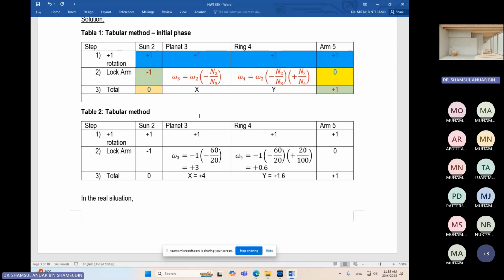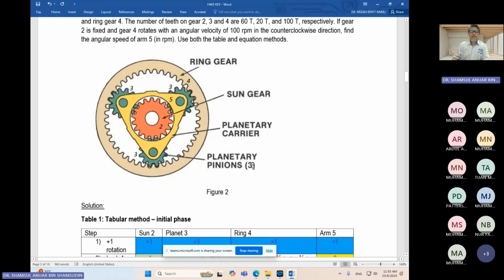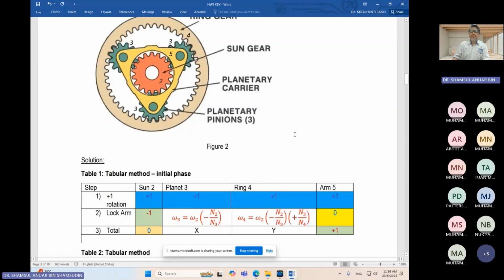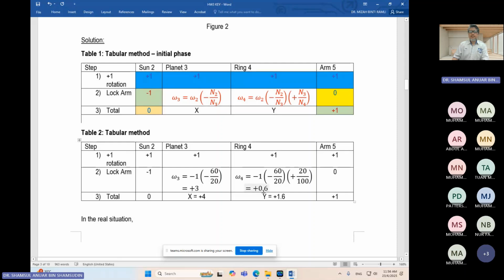Yes, so what we are left with is just to plug in the numbers. Plug in the numbers, okay, carefully. So in this case, try to get all the information needed to calculate this thing.